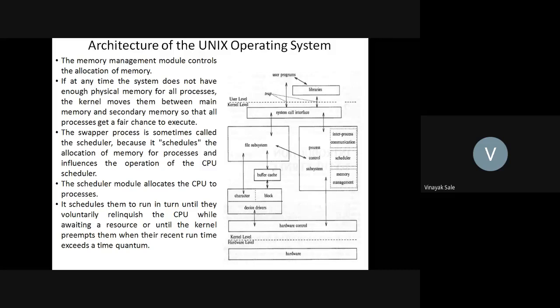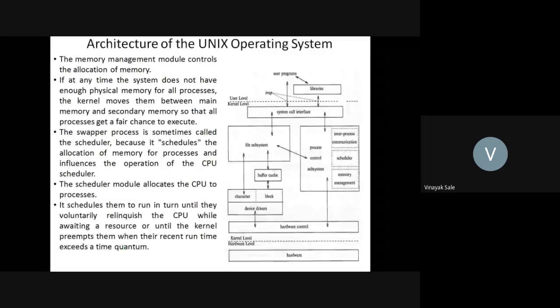Whenever a process is given 10 milliseconds and the process requires 12 milliseconds, then that process is suspended and goes to the waiting state. Whenever there is a time slot of 12 milliseconds or more, then it will execute.